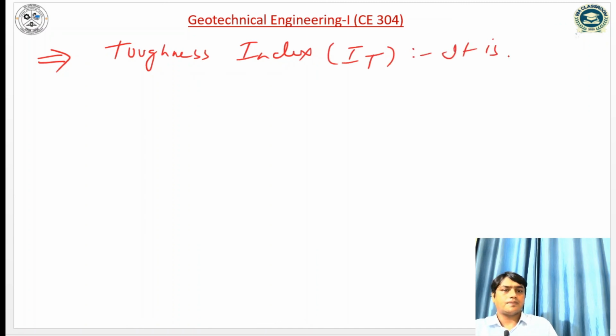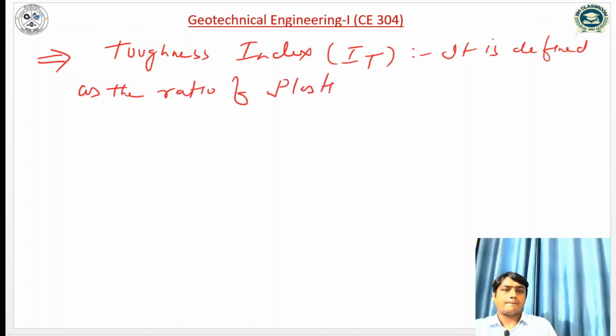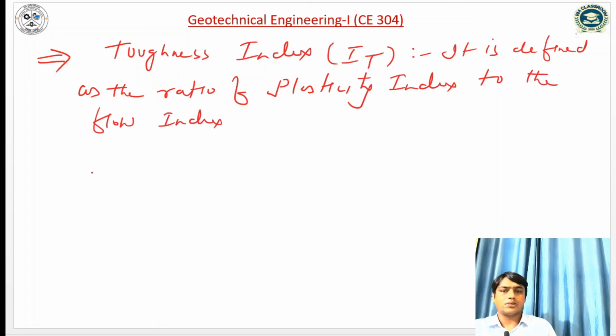It is defined as the ratio of plasticity index to the flow index. So toughness index can be written as IT is equal to IP by IF.